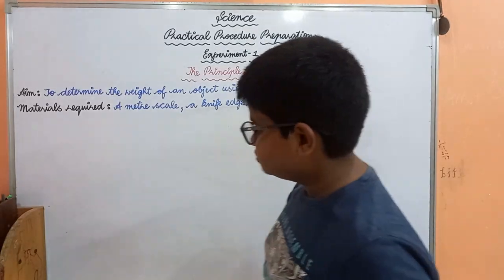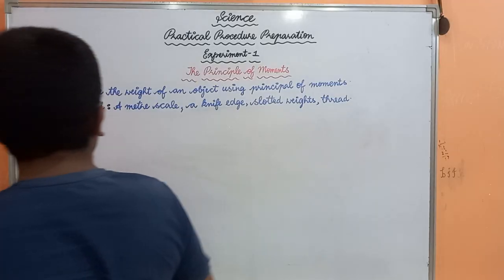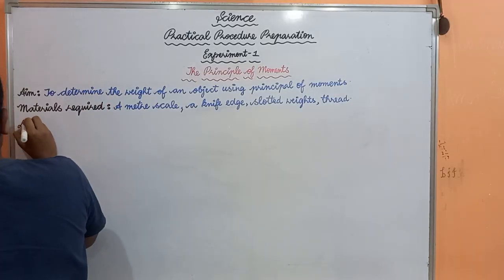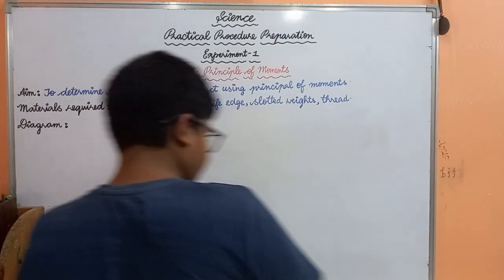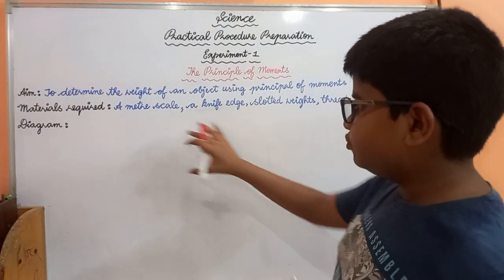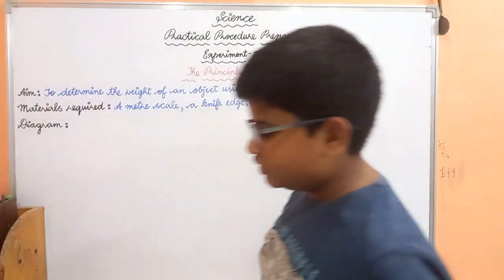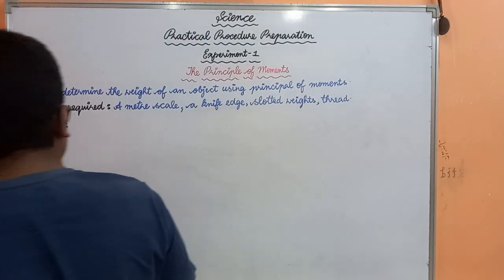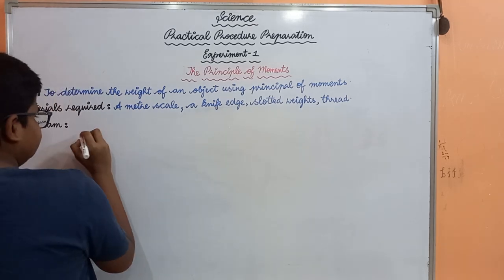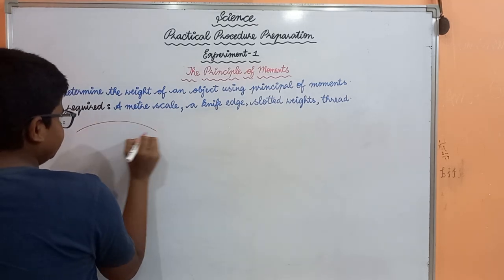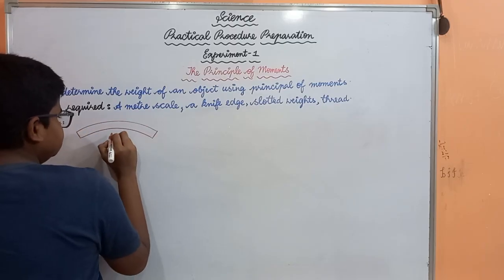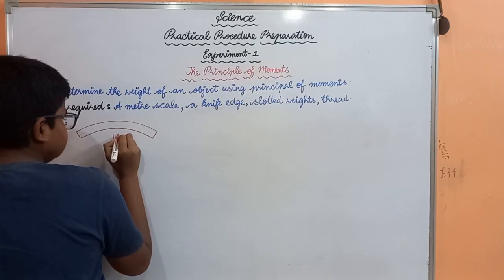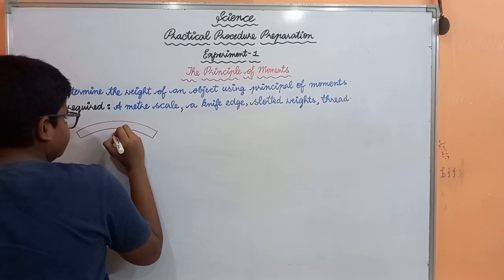So let's look at the diagram. From the materials required, you can see what are the things that are included in the diagram. The diagram is a meter scale hung above the knife edge.